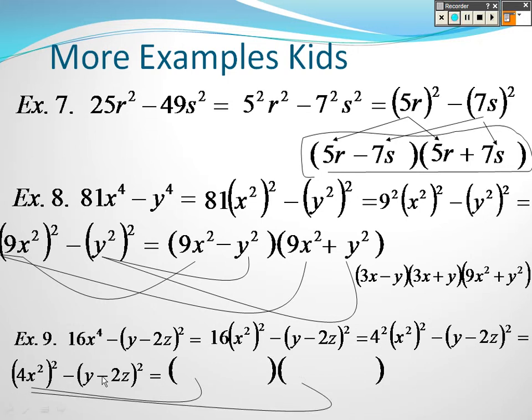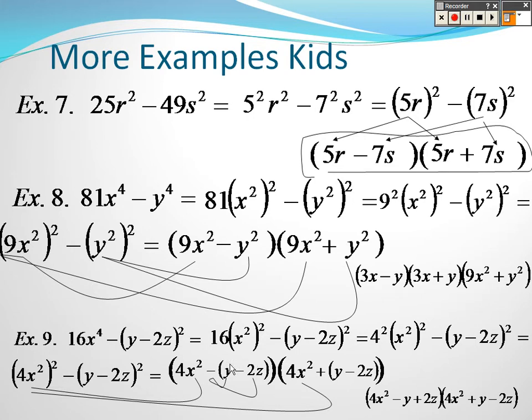So there's your first term, and this whole thing is your second term. So it's minus all of that stuff and plus all that stuff. Well, minus, that means I have to take that through. So you actually end up with a 4x squared minus y plus 2z, and that's addition, so you don't take it through, so that's 4x squared plus y minus 2z, and there are your factors.